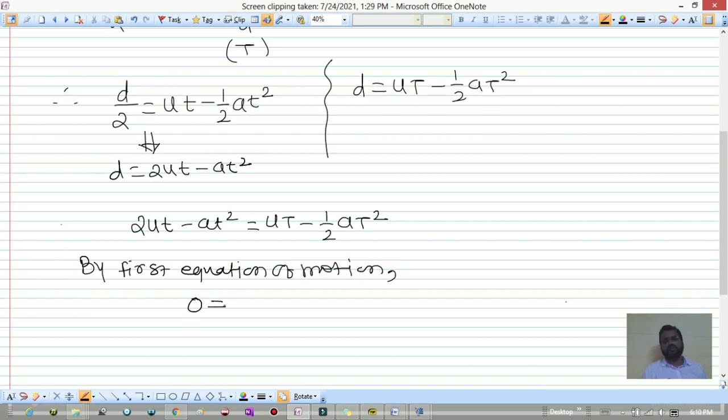final velocity 0 is equal to initial velocity u minus a into capital T. So from this, what is u? u is a into capital T. Put this u in this equation, we'll get 2 a capital T small t minus at squared is equal to at squared minus 1 by 2 at squared.